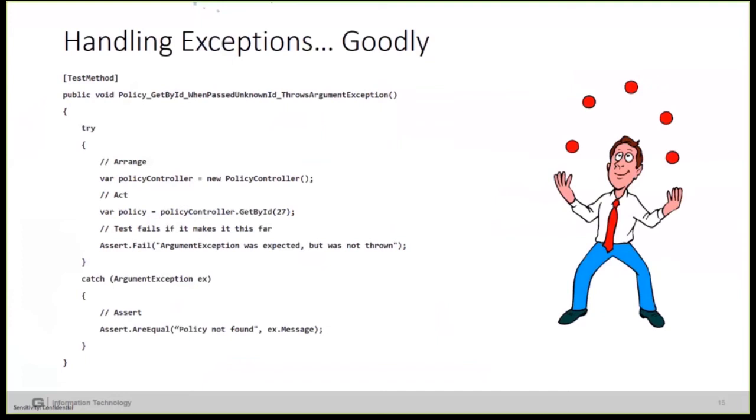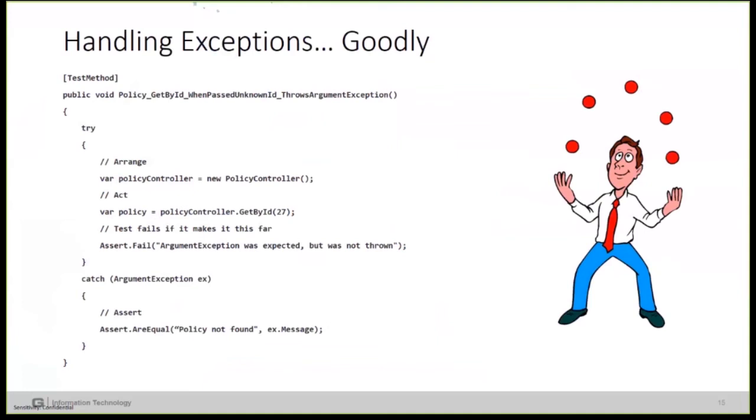And I apologize again for the text being so small, but we've got policy get by ID, when passed unknown ID, throws argument exception. Try. Now notice there's no expected exception up there, right? Instead, we've replaced it with a try catch. If you've seen this before, you may have seen it in your code. It's something that Shiv recommends in his programming with intent class, and I think it's a good way to go.